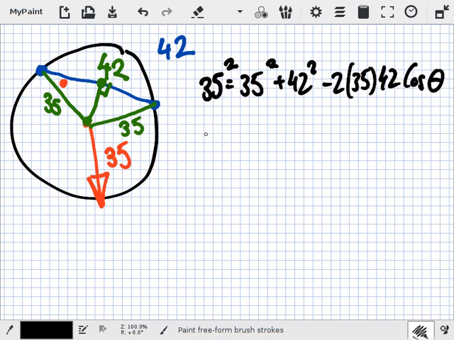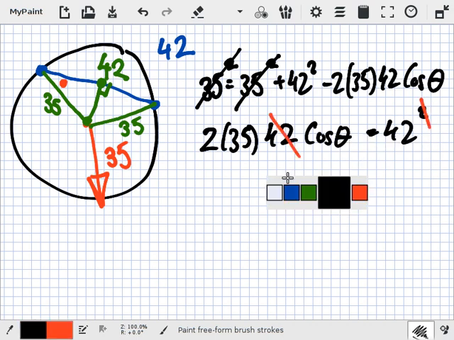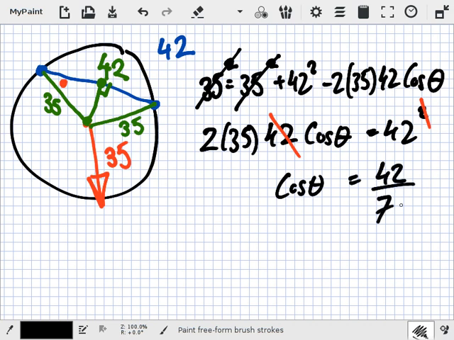So you could say then they cancel. So you get 2 times 35 times 42 cos theta equals 42 squared. So that can cancel with that. So you get cos theta equals 42 over 70. So you can get theta. Cos theta equals 21 over 35. So you know what the theta is.